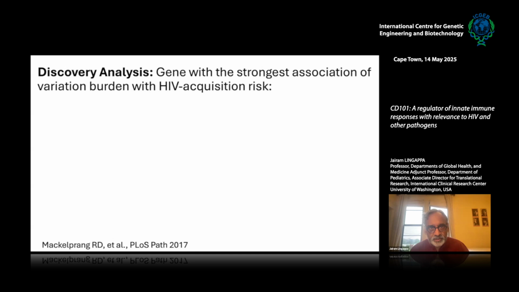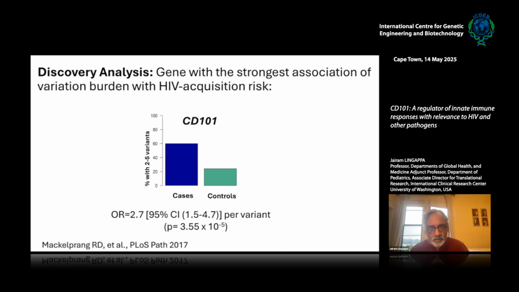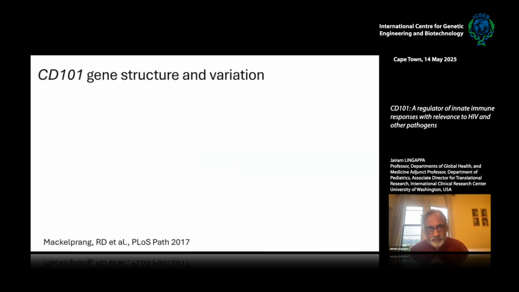And we found that the gene with the strongest association with risk was CD101, where for each additional variant that CD101 has in an individual, it was associated with a more than 2.5-fold increased odds of acquiring HIV. And that was nearly statistically significant, but didn't reach genome-wide statistical significance. And so that meant that we wanted to do this replication study.